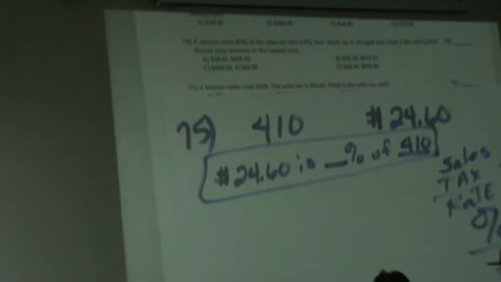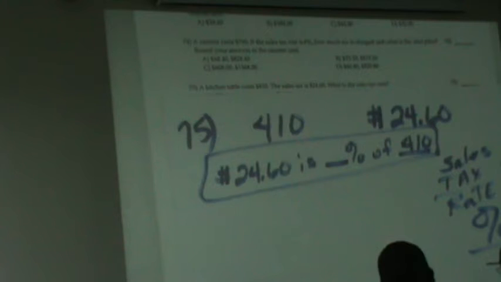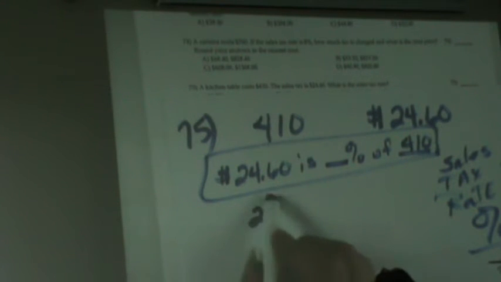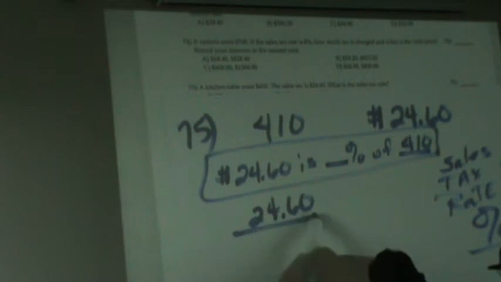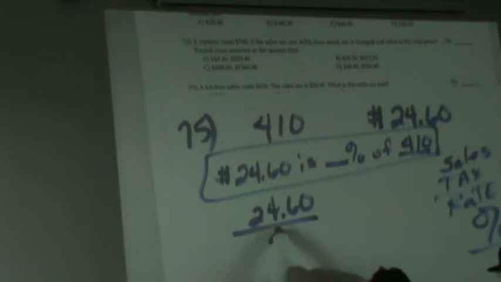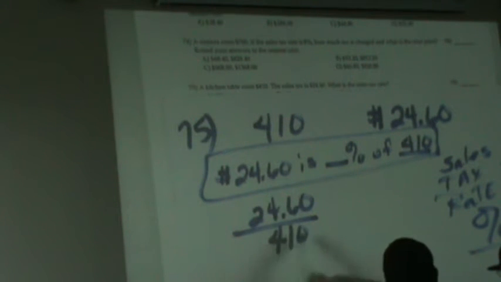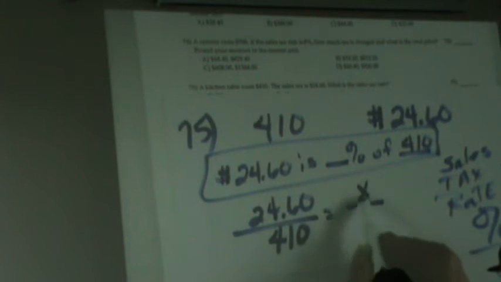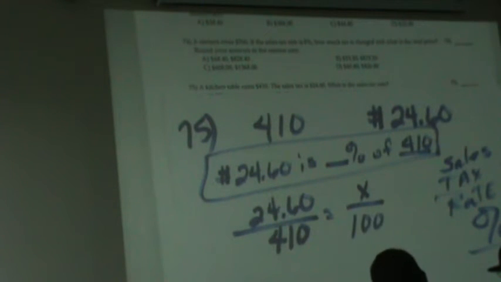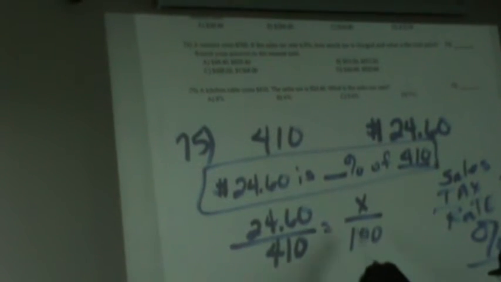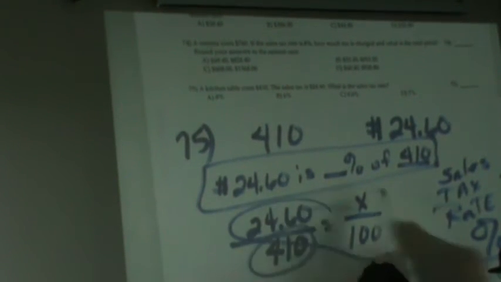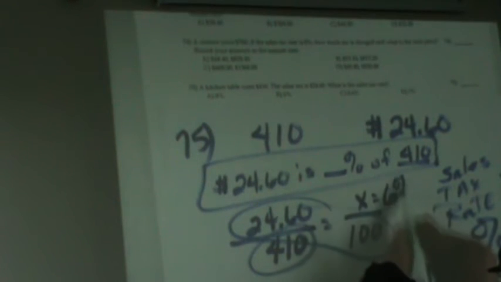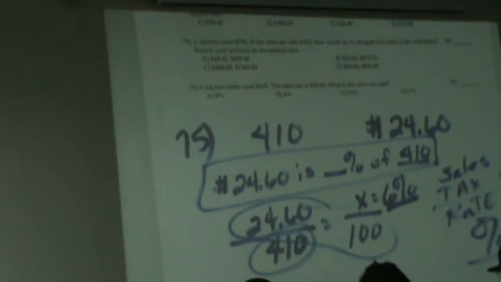Put it into that sentence. The tax is, so you put it on top, percent of the purchase, so 410 goes on bottom, X over 100. Multiply and divide, you get 6. It's a 6% sales tax, so write it as a percent.